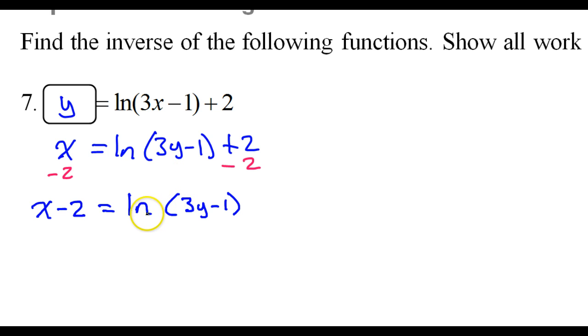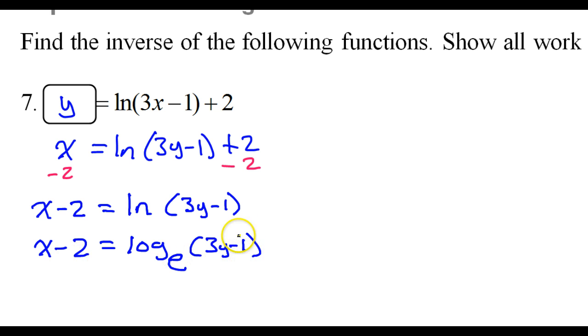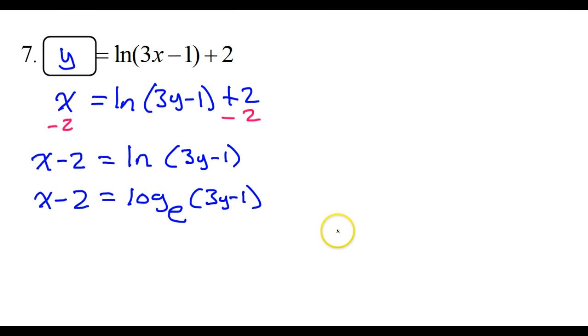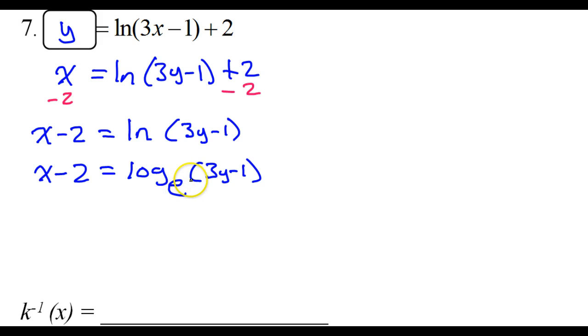Now we need to rewrite this in exponential form to get the y out of here. It's useful to understand that, though we would never write this down, natural log is the same thing as log base e. So this would be an equivalent expression.